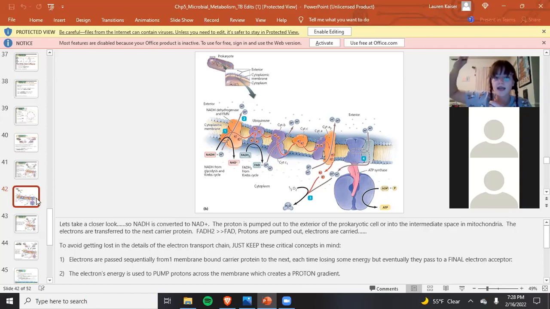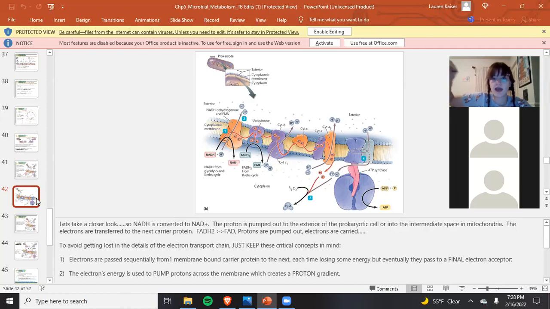So when we pump the hydrogen out and we return the NAD or the FAD back into the cytoplasm, we are creating an electrochemical gradient, right? The outside of the cell is positive, the inside of the cell is negative.